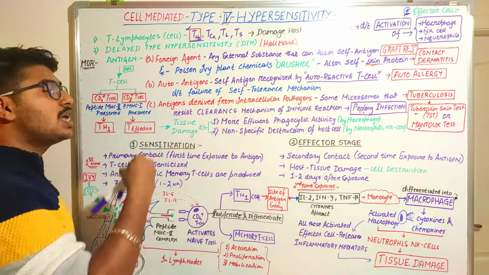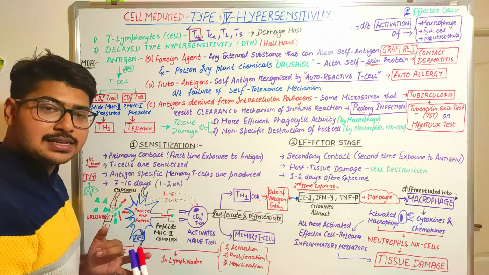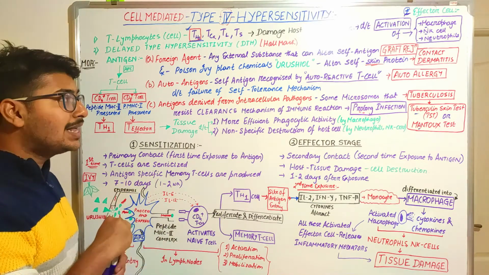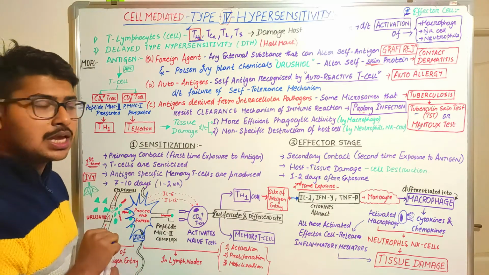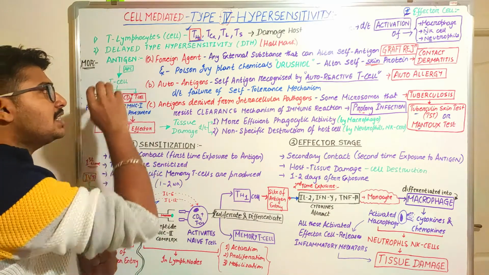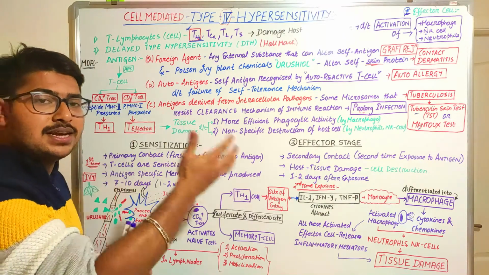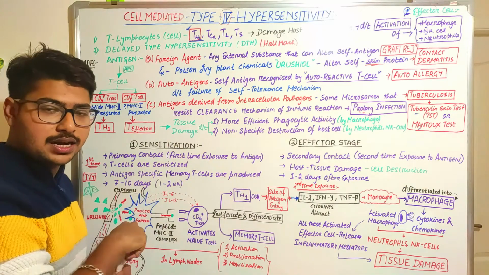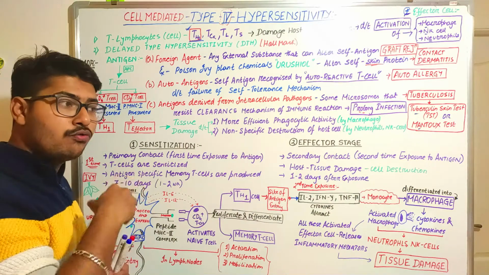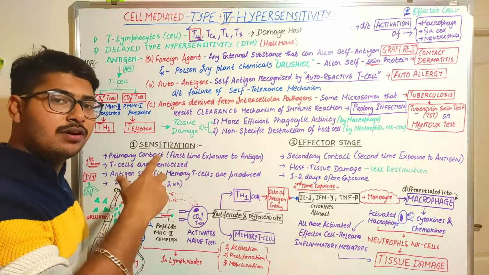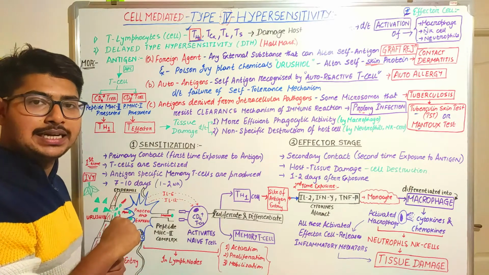For example, the antigen presenting cells can be dendritic cells, Langerhans cells, or macrophages. They are lining under the skin or the mucous membranes. So what is their function? Antigen presenting cells present the antigens to the T cells, and according to their way of presenting, they are going to activate two kinds of T cells.